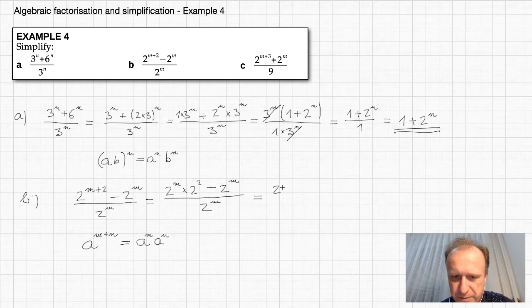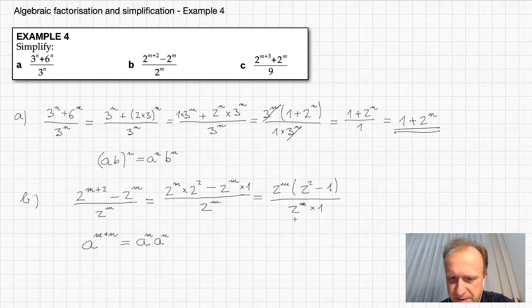So it's 2 to the power of m times 2 to the power of 2 minus 1. Because this one is 1 times 2 to the power of m, we can add number 1 here, and when we take 2 to the power of m out, what is left is just 1. This is divided by 2 to the power of m, which is present also 1 times.